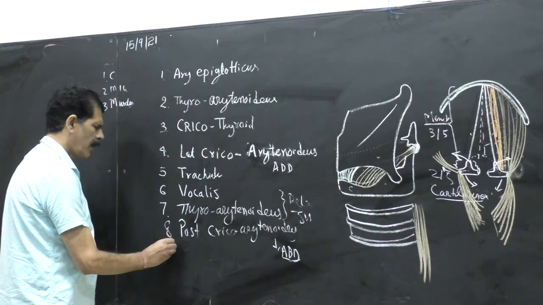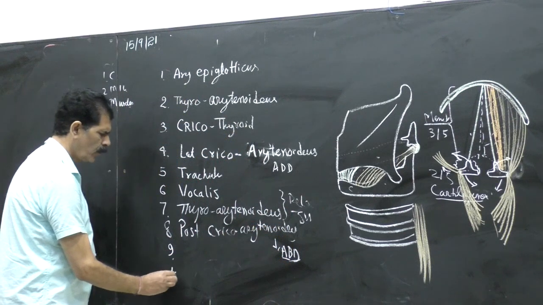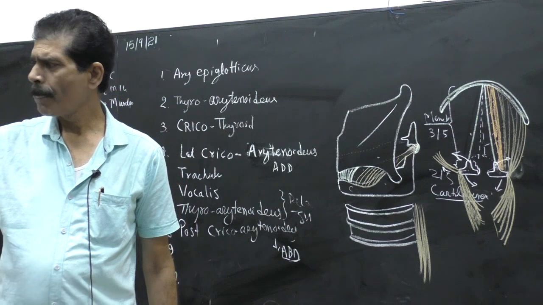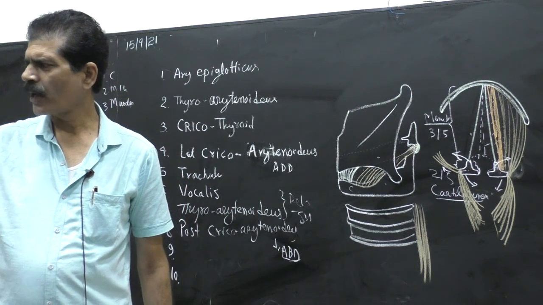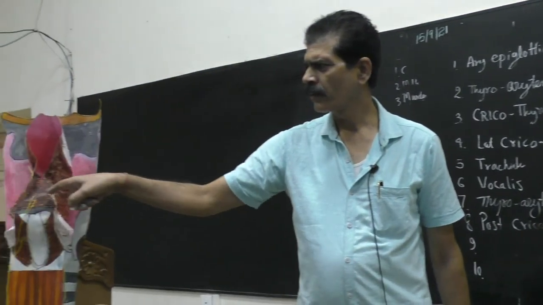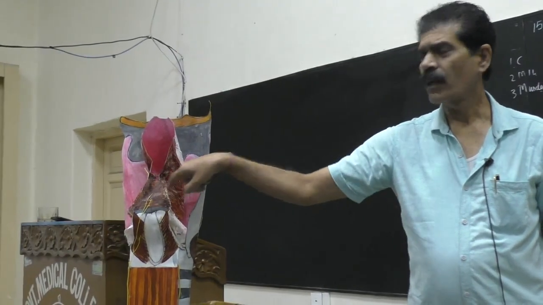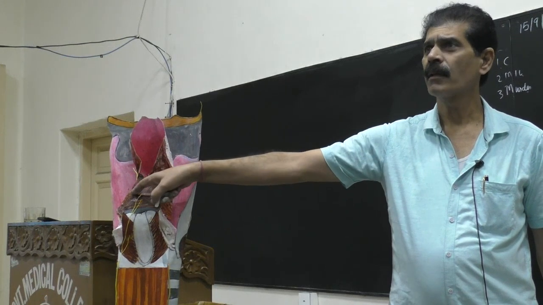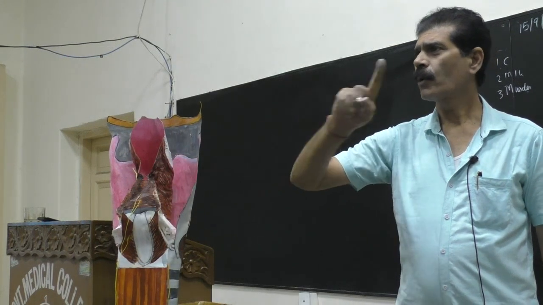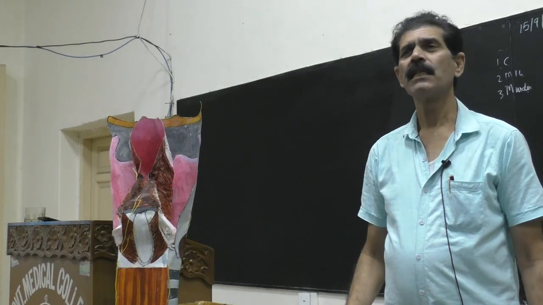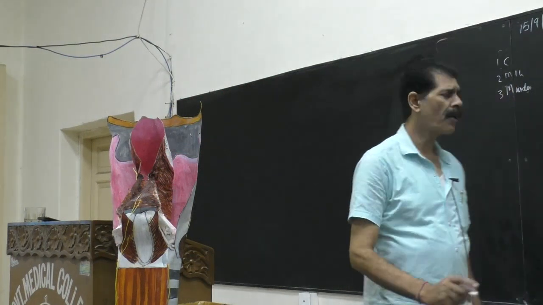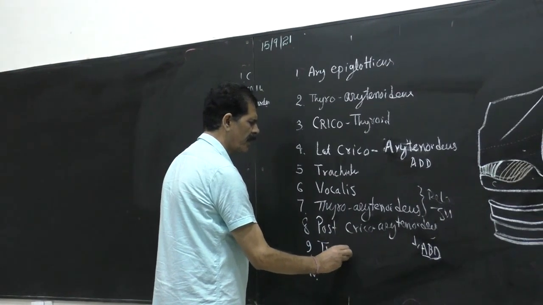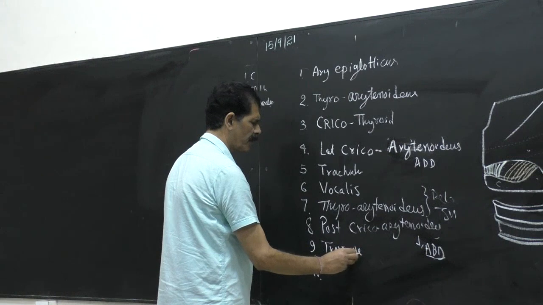Then two more muscles are seen here. One has transversely running fibers. Can you see here? Transversely running fibers from the posterior surface of one arytenoid to the other. Because of the horizontal fibers, it is called the transverse arytenoideus. Names are suggestive, they tell which type of fibers.